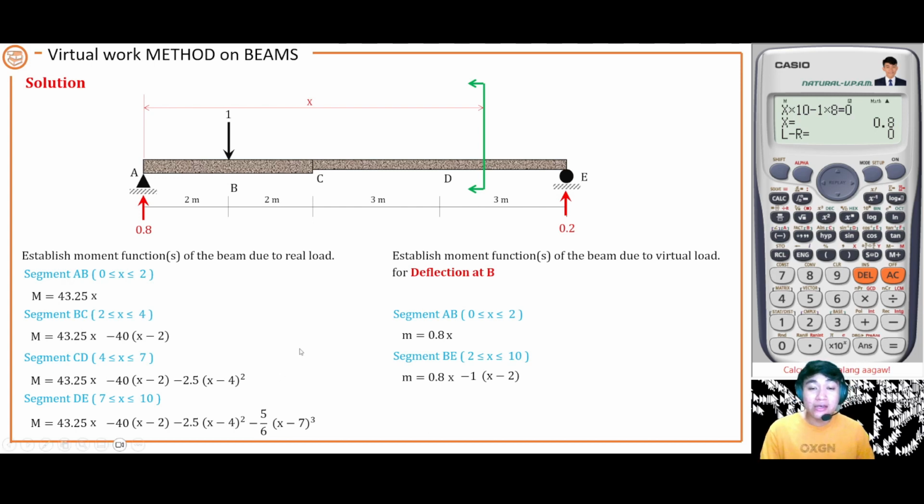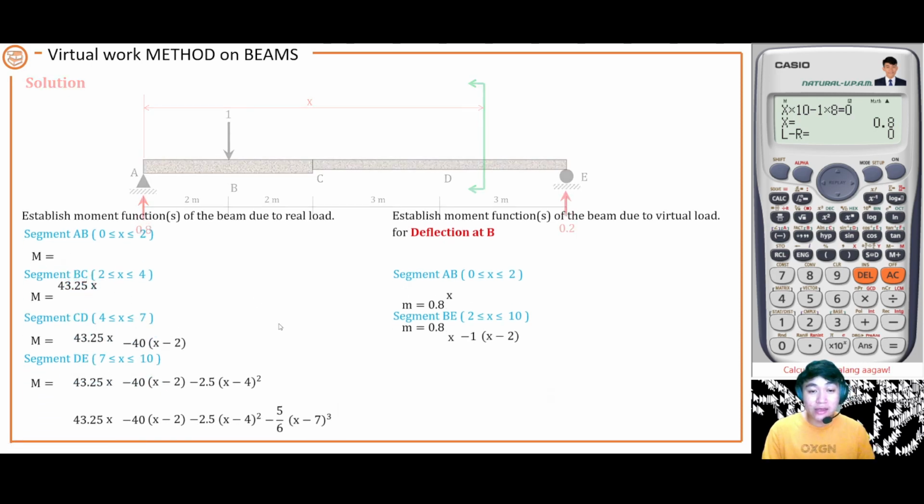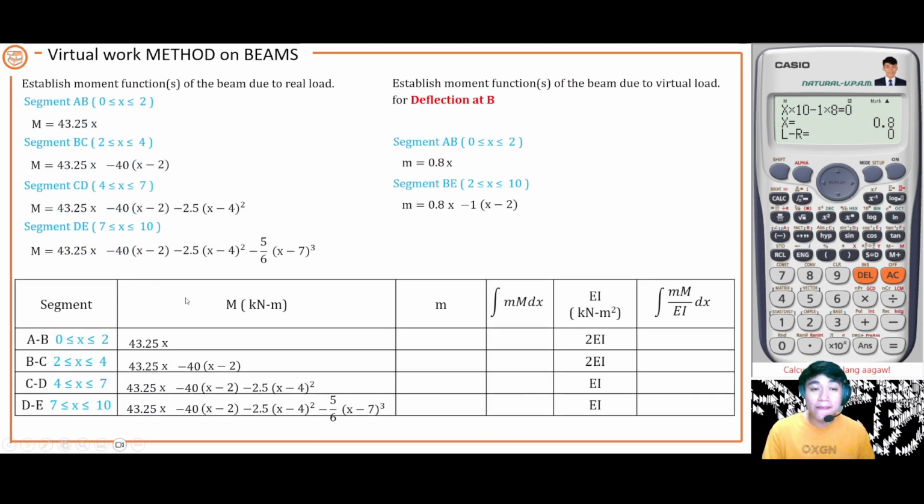We will now tabulate the data using this table. Again, this value will be fixed on your entire calculations. Whatever slope or deflection you are solving, wherever the point is, you can still use the same moment functions of the real loads.